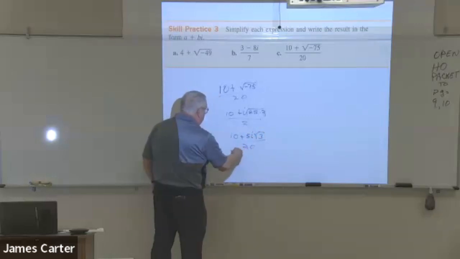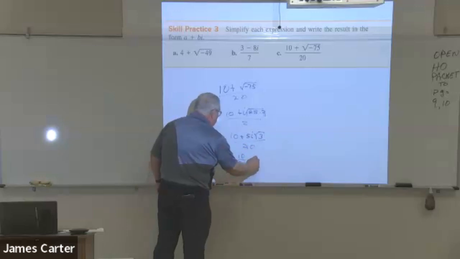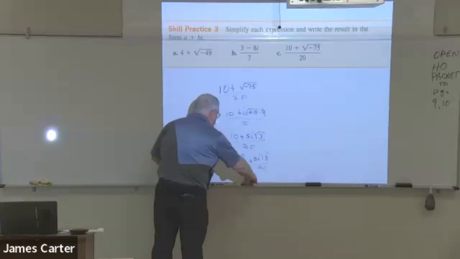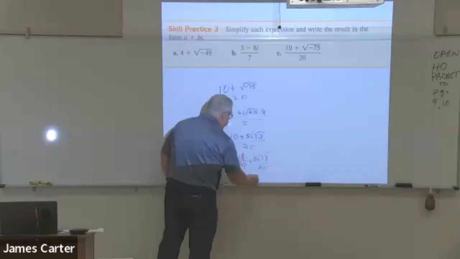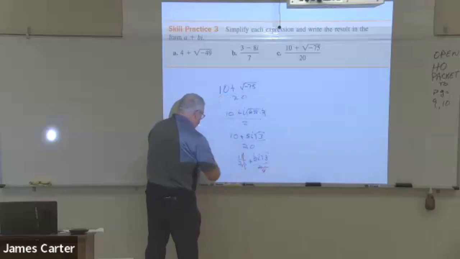But now we've got to get rid of that common denominator. So 10 over 20 plus 5i radical 3 over 20. And we can do a little bit of reducing. Reduce it to 1/2. 5 goes into 5 once, into 20 four times.